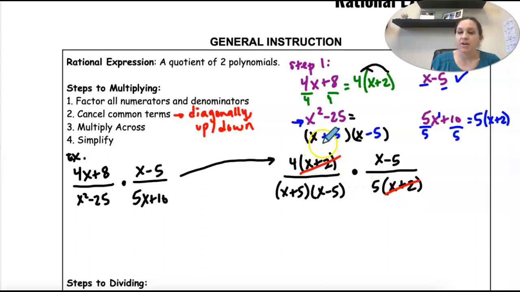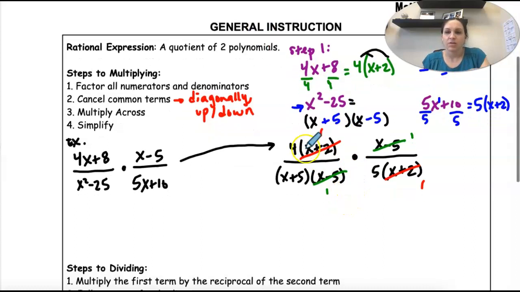They cancel out, or they divide, to just be 1. And I can do the same thing with this x plus 5. Diagonal, they would cancel out to be 1. And that's it. I can't do anything up and down right now, but we'll get an example of one of those. So then you multiply across.